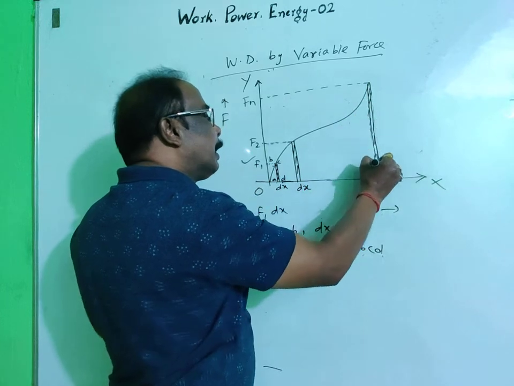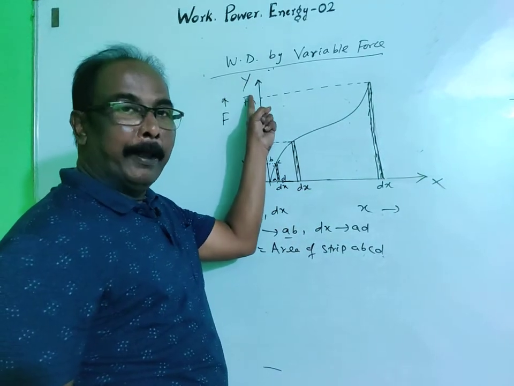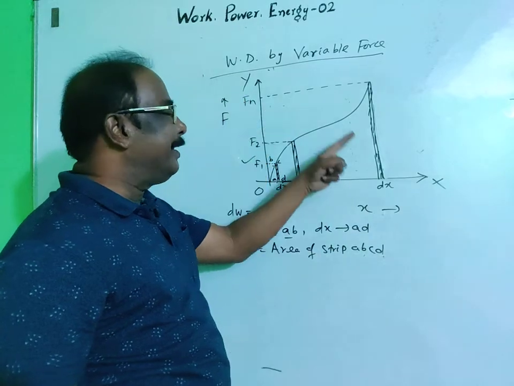Then to calculate work done by force Fn, dw is equal to Fn into dx.